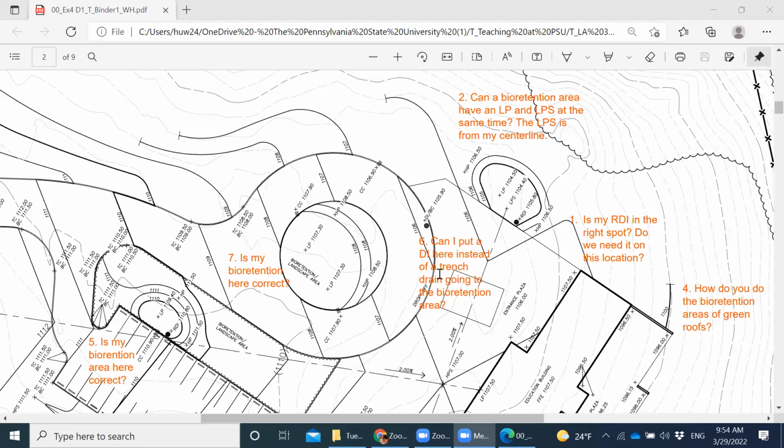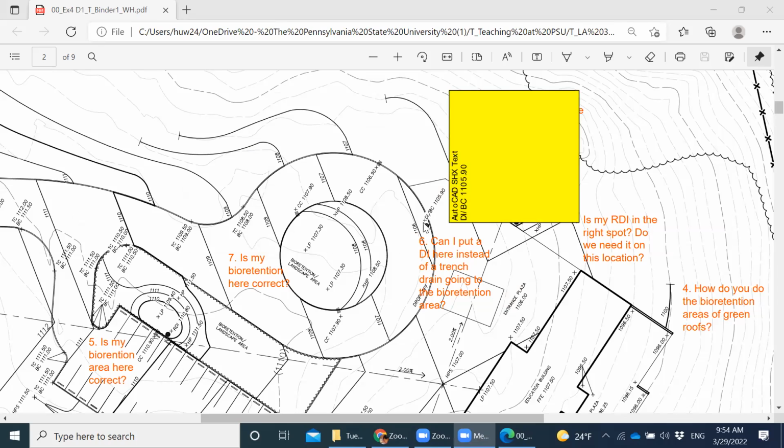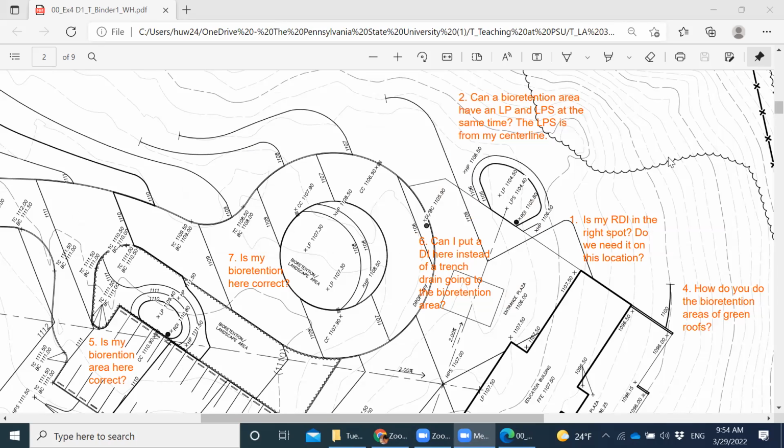Can I put a DI here instead of a trench drain going to the bioretention area? Here, the DI also needs to go somewhere, right? Oh, DI, yes. The DI would have a pipe that connects to another bioretention cell, which I don't think is a big issue here.